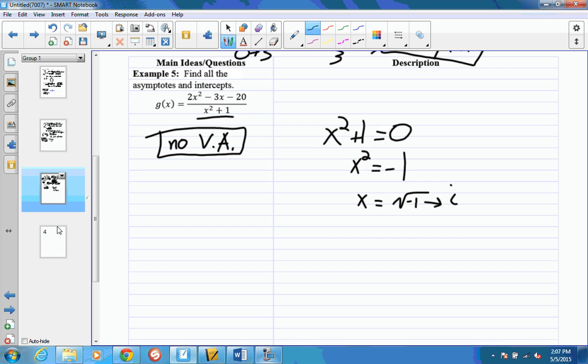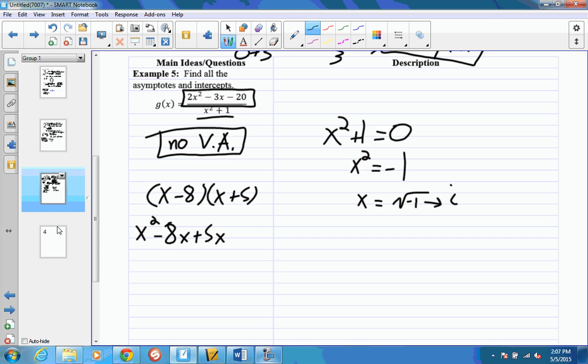If you factored 2x squared minus 3x minus 20, Christian, get off the floor. If you factored that down to x minus 8 and x plus 5, I get that you did 2 times -20, and you thought, oh, -40, 8 and 5, that's 3. If I factor this out, I'll get x squared minus 8x plus 5x minus 40, right?